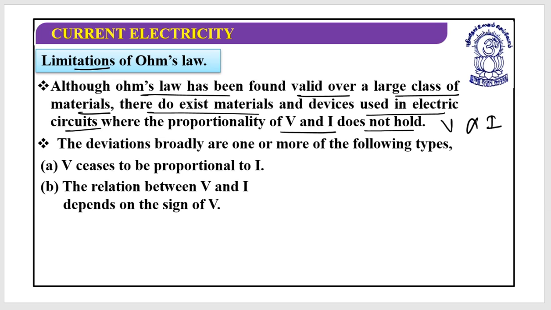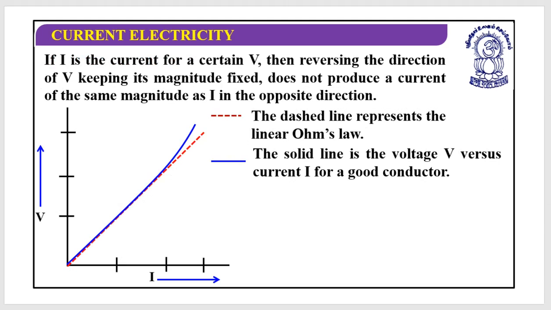Yes, the deviations broadly are one or more of the following types. First, V ceases to be proportional to I, and the relation between V and I depends on the sign of voltage. So let's have a look at which are the components and how their graphs look.